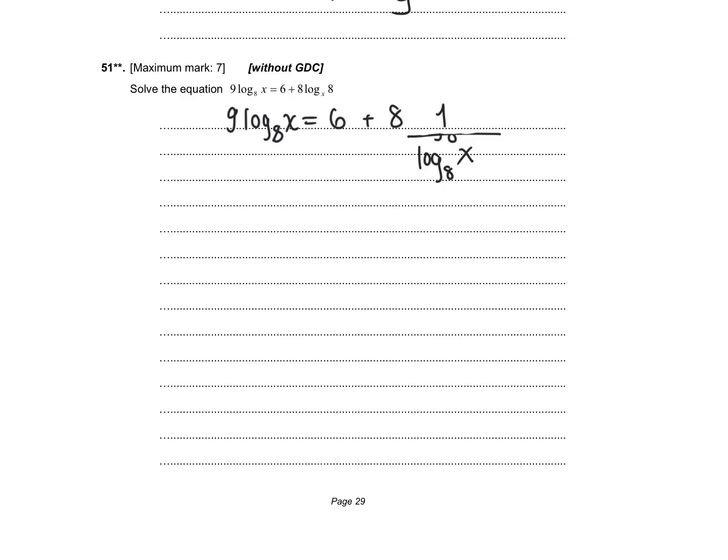So that's 1, and I'm going to multiply everything by log base 8 of x. So we're going to have 9 log base 8 of x squared equals 6 log base 8 of x plus 8. So I'm going to do like this, get it, because this is a hidden quadratic.